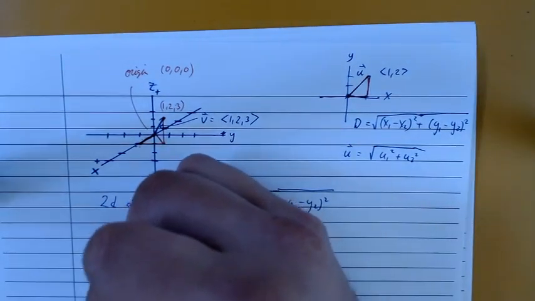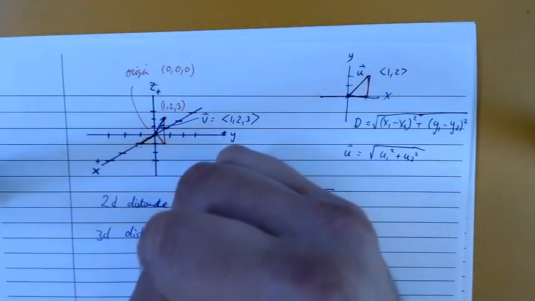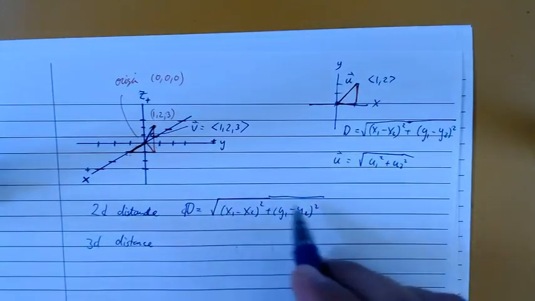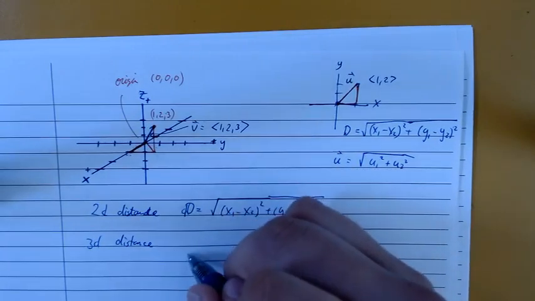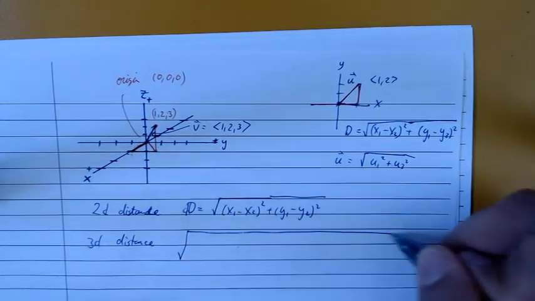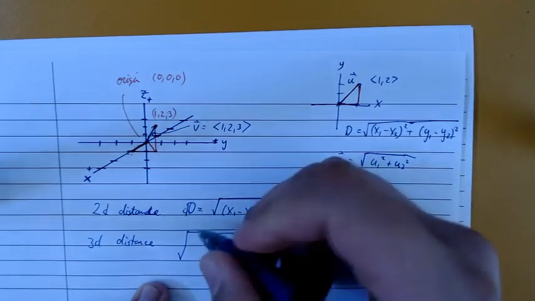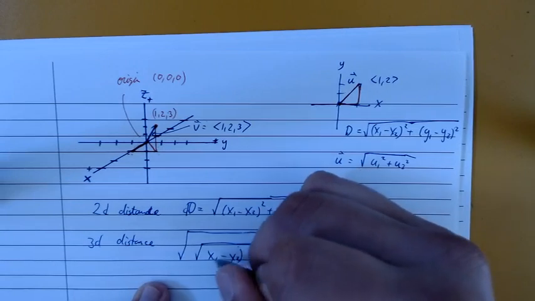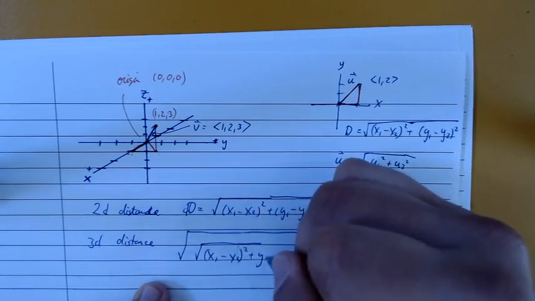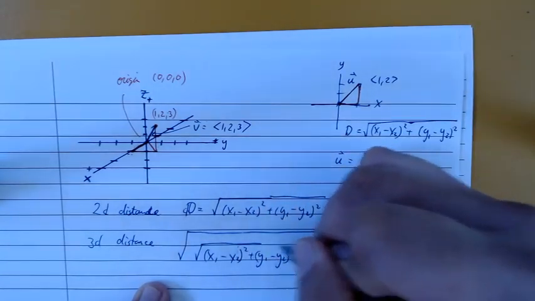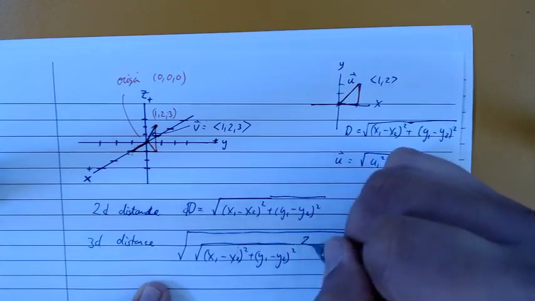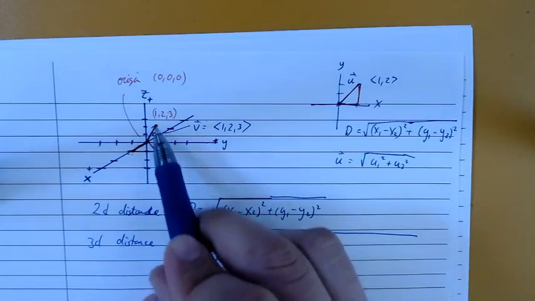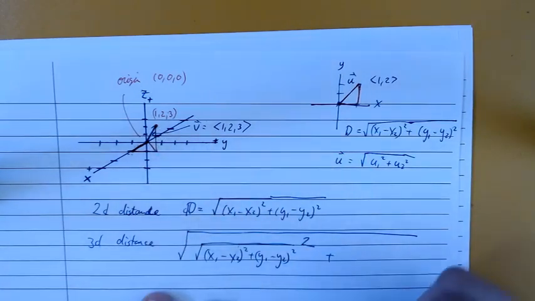Okay, so my 3D distance is still using the Pythagorean theorem, but now this is one of my legs. So that's going to be the square root of, take your first leg and square it, plus, now take your second leg and square it. Well, my second leg is just how far I go in the z direction.